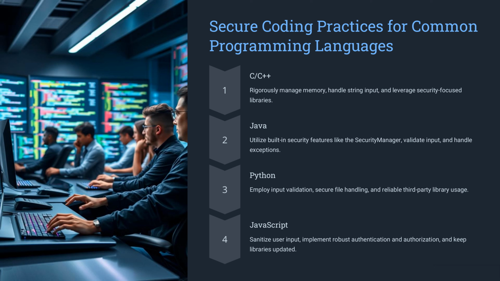Finally, with JavaScript, it's essential to sanitize user inputs, implement secure authentication and authorization mechanisms, and keep all libraries up to date to protect against common vulnerabilities. Adhering to these practices significantly enhances the security posture of applications written in these languages.